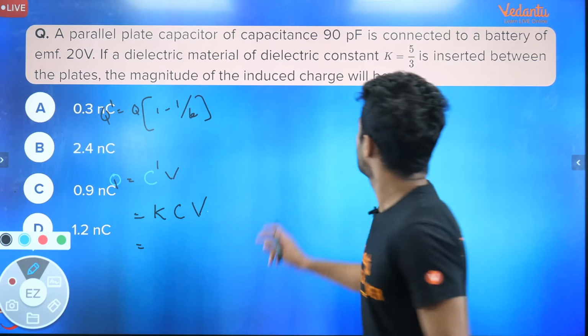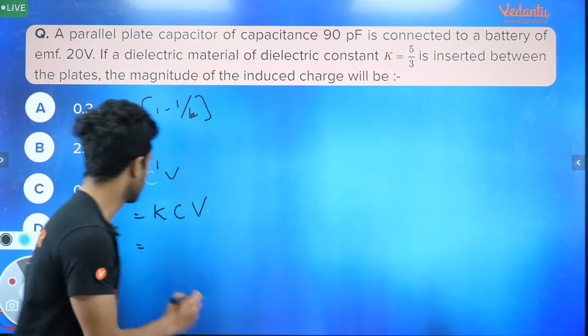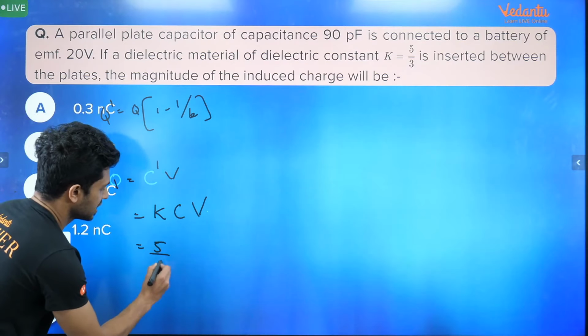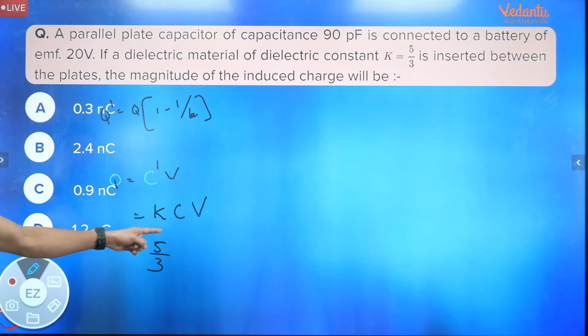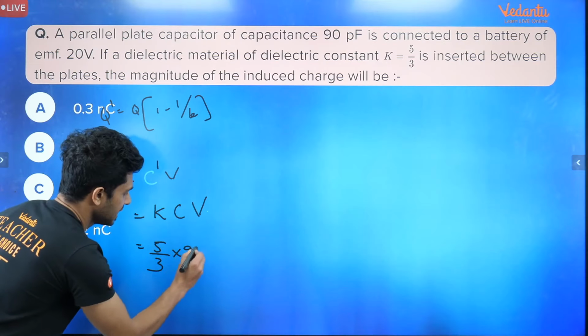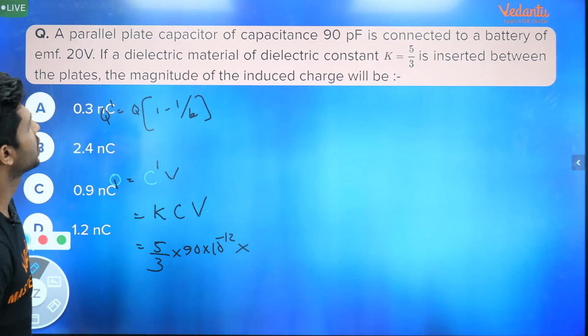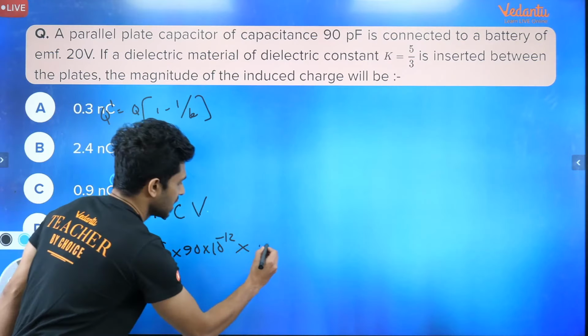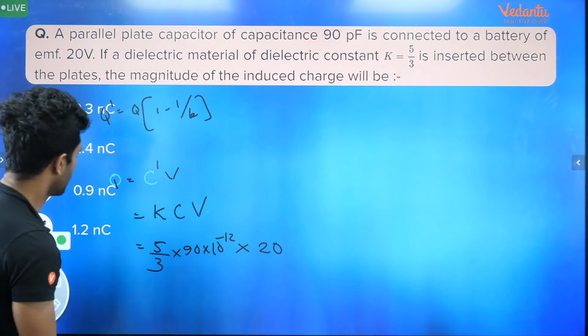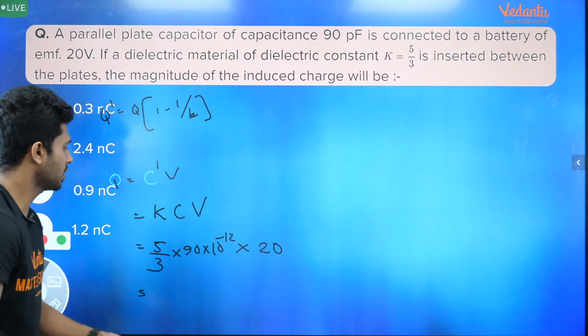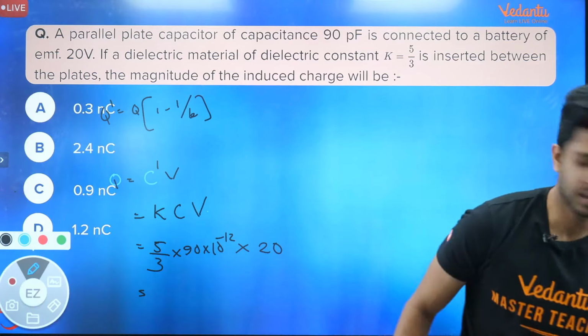The value of K is 5 by 3. I'm going to substitute over here: 5 by 3 into the capacitance value, 90 into 10 power minus 12, and the voltage that is being applied is 20. So once you do this, what will you get?